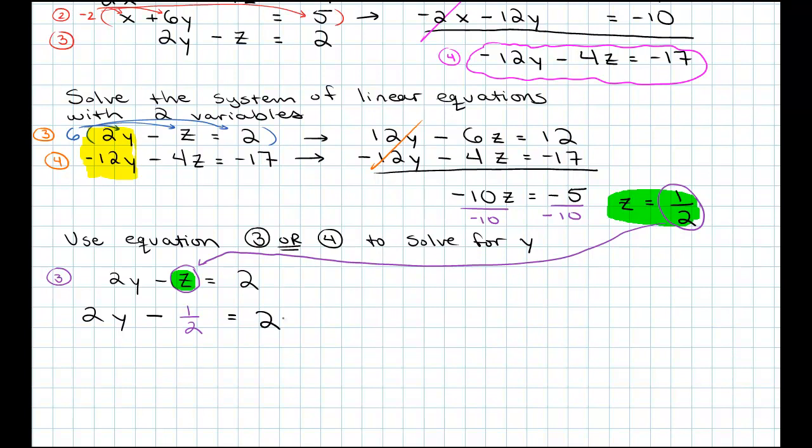So now we're ready to solve for y. I'm going to add 1/2 to both sides of my equation. I need to find an LCD here. My LCD is going to be 2. So I'm going to end up adding 4/2 plus 1/2, and that's going to give me 5/2.